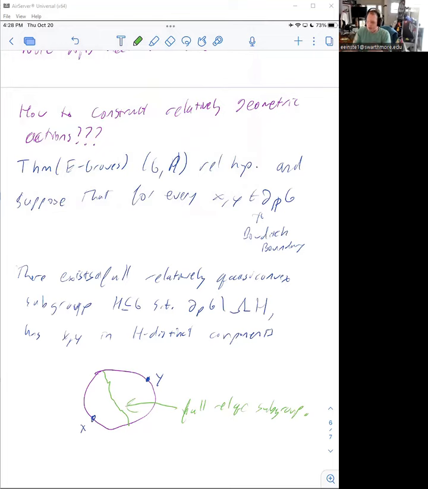And this H-distinct, what that means is that you don't want H to be able to flip the components, which is usually not a problem because you can usually pass to some kind of finite index subgroup to avoid this issue. So that's less of a big deal.